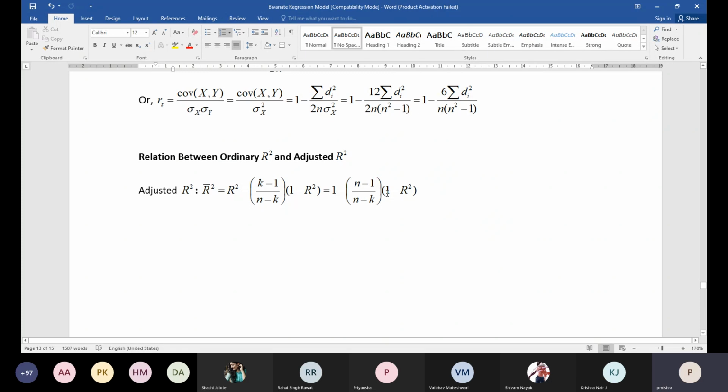You have more independent variables, you see this component K is going up, right? That means this ratio is going down. But at the same time, R square value will go up because with inclusion of more independent variables, R square value is likely to increase.